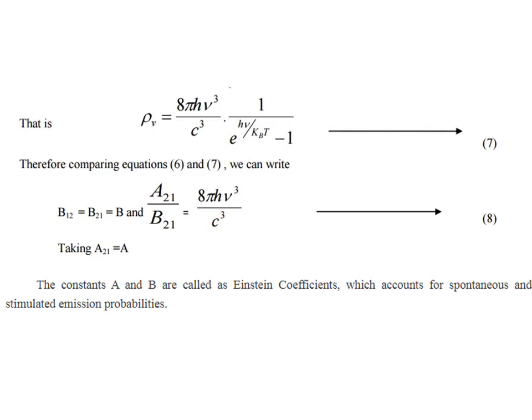So there is no meaning in keeping the suffix 21 along with A. You can drop those suffixes also and just write it as A. So what we have is A by B, the ratio between spontaneous emission and stimulated emission, given by 8πhν³ by c³. So these are Einstein's coefficients A and B. They are the terms which will tell you the probability for spontaneous emission and stimulated emission.